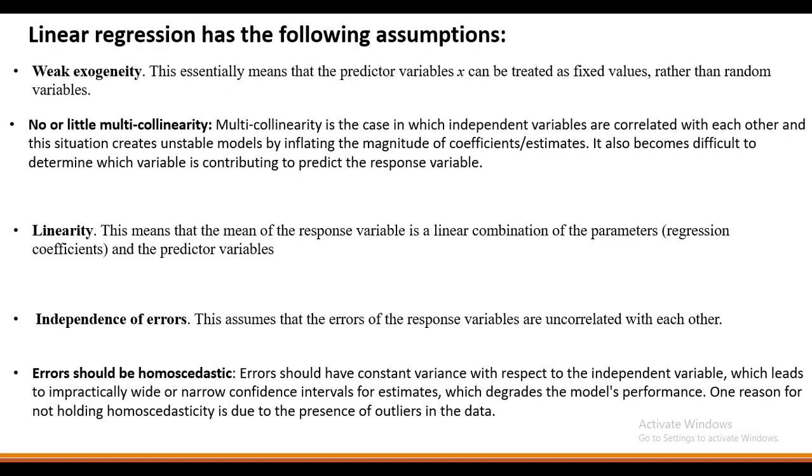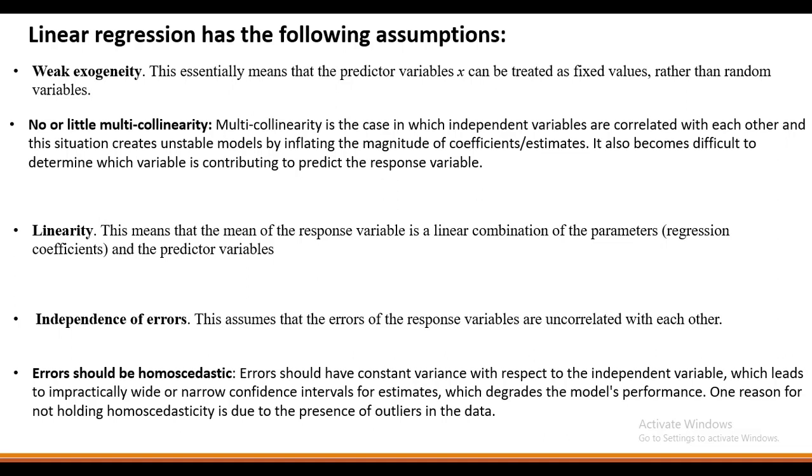Multicollinearity is the case in which independent variables are correlated with each other, and this situation creates unstable models by inflating the magnitude of the coefficients or estimates. It also becomes difficult to determine which variable is contributing to predict the response variable.